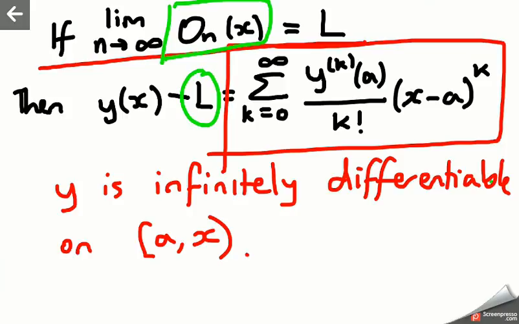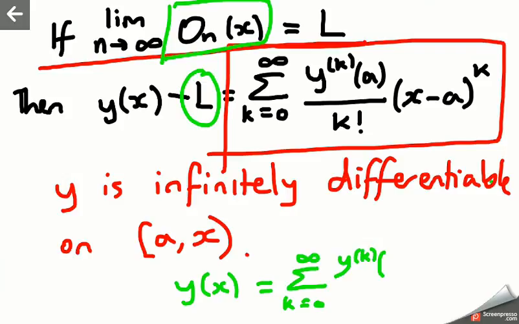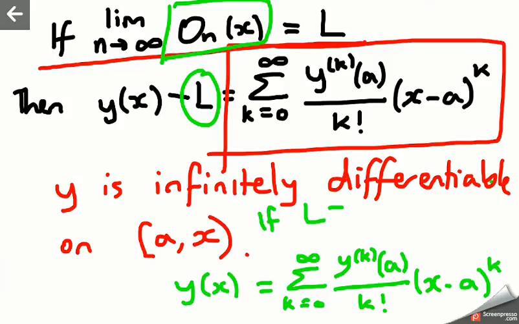So if ON of x gets closer and closer to 0 as n tends to infinity, then y of x is equal to the sum from k equals 0 to infinity of y differentiated k times at the point A divided by k factorial times x minus a to the power of k. Now this only works if L equals 0, if ON gets closer and closer to 0 as n tends to infinity.